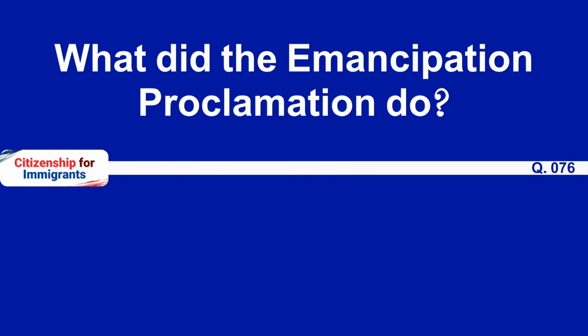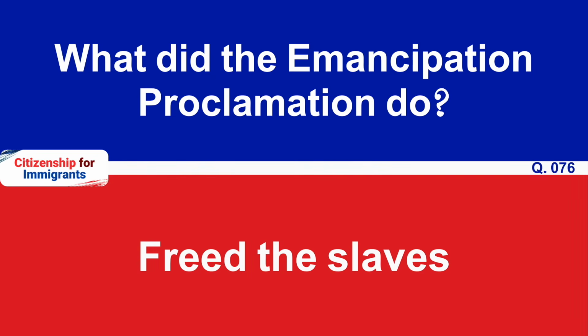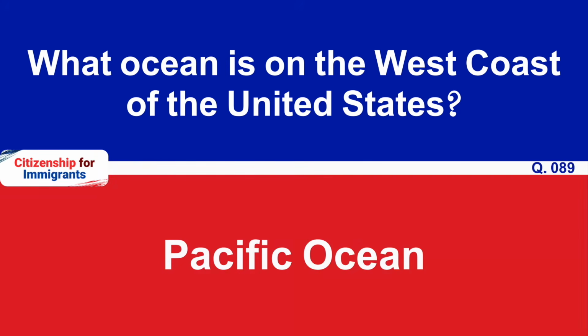What did the Emancipation Proclamation do? Freed the slaves. What ocean is on the west coast of the United States? Pacific Ocean.